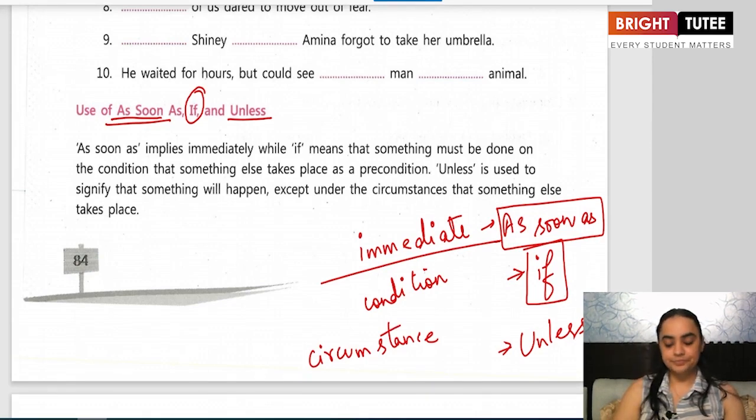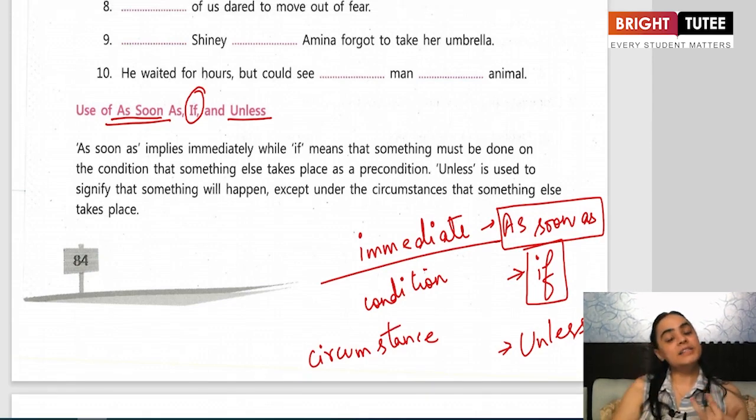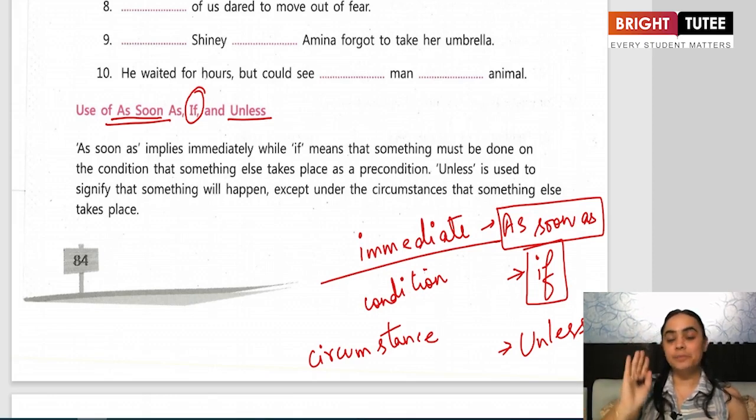For example, unless you help me, I will not complete my work. Now, what is the circumstance that you want to be completed first? Unless you help me. So, if you will not help me, I will not complete my work. So, my completion of the work depends on you to help me.